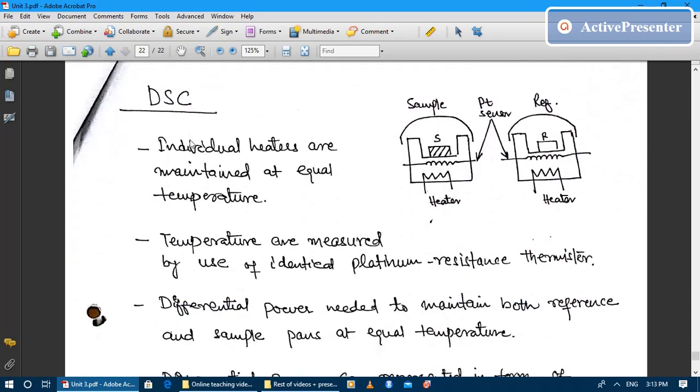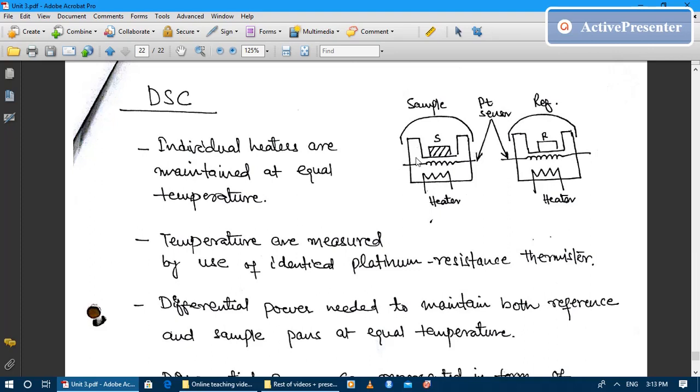The second method is differential scanning calorimetry, and I think I have discussed this method in quite some detail in the first unit. So I'll go briefly with this technique. There are two ovens, basically: one is the sample, another one is the reference.